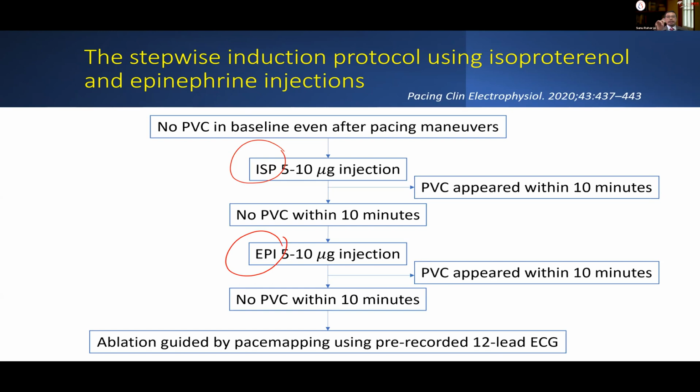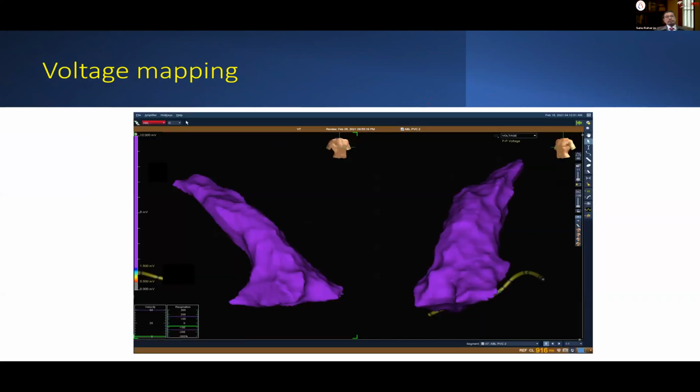And we could see a single PVC initially, like this. But then only another infrequent PVC, and in total we have 3 PVC morphologies. It is very difficult to do activation mapping for this ventricular arrhythmia. So we do the voltage map, which is kind of normal.